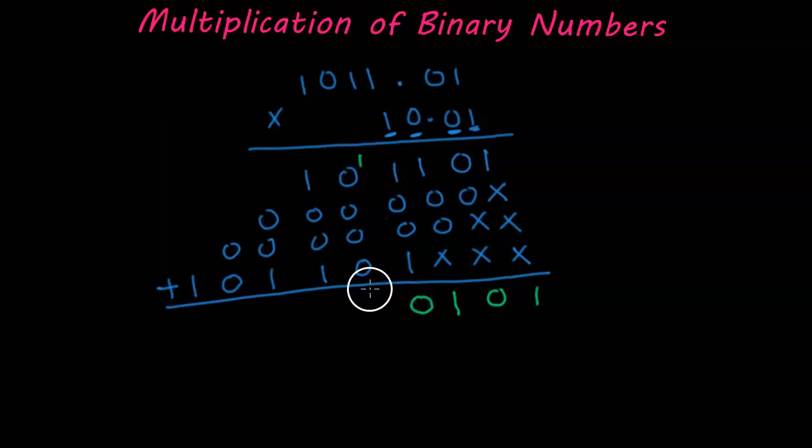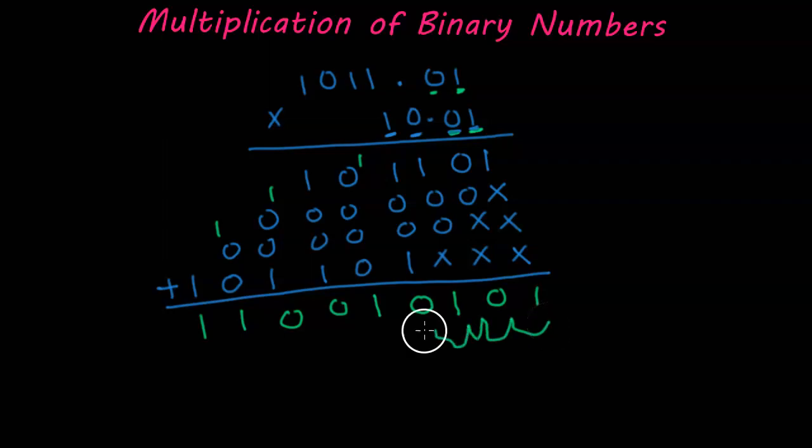Now 1 plus 0 is 1. 1 plus 1 is 2. Again 2 in binary is 1 and 0. So 1 is carried forward. Then 1 plus 1 again is 2. So we have 1 over here. Then 1 and 1. Now for the decimal point, how many decimal places do we have? We have 1, 2, 3 and 4. So from the right hand side we count 1, 2, 3 and 4 and there we place our decimal point.